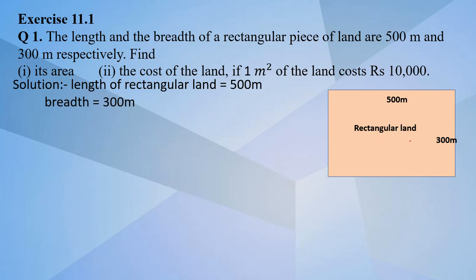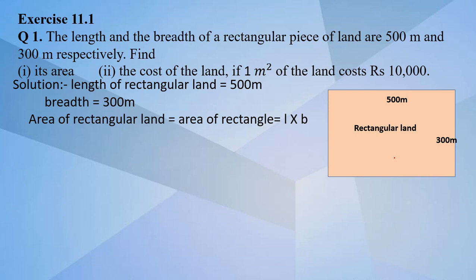As we know, the area of the rectangle is length, how many times we arranged, up to its breadth. So that is the product of length and breadth. So the area of this rectangle is L into B, that is 500 into 300 meter.